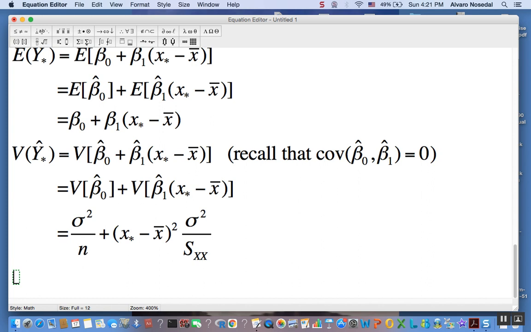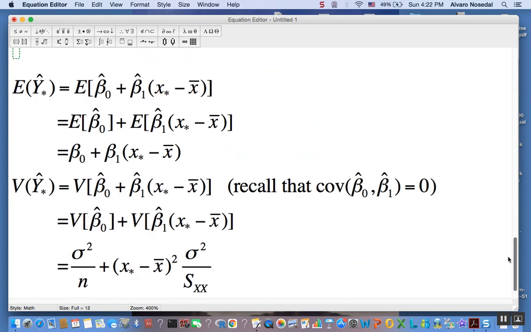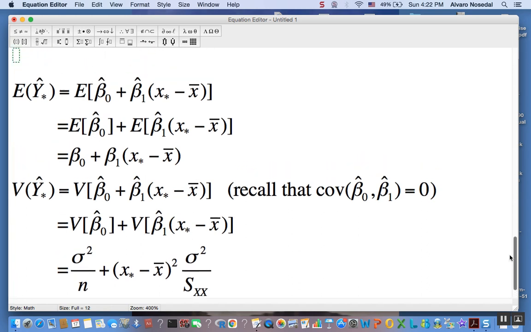So again, this is just part of the story, because we know that we want to study the prediction error, and this is just one term that defines the prediction error. Now, using what we just derived, we are going to find the expected value of the prediction error. Okay, so here we go.